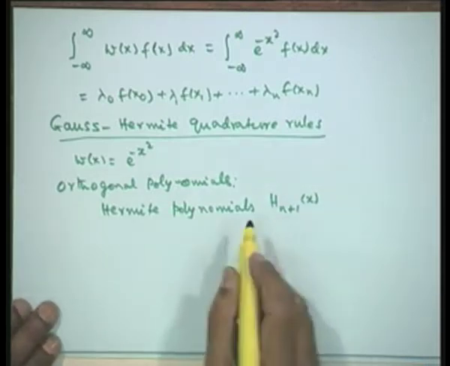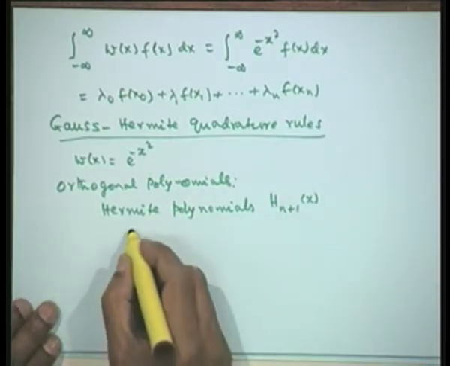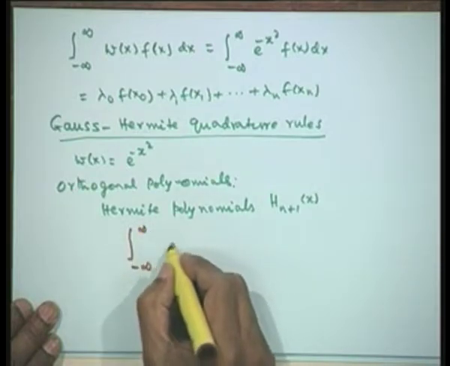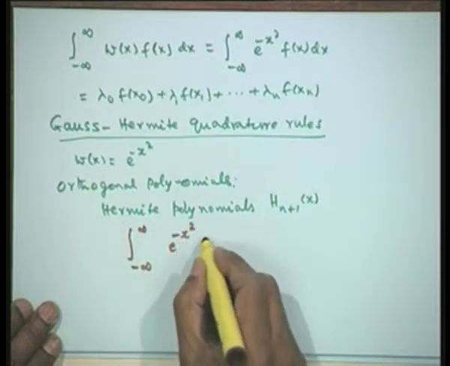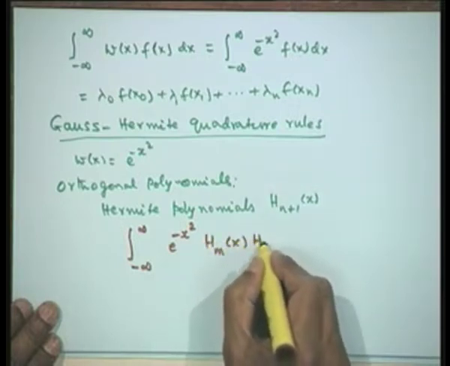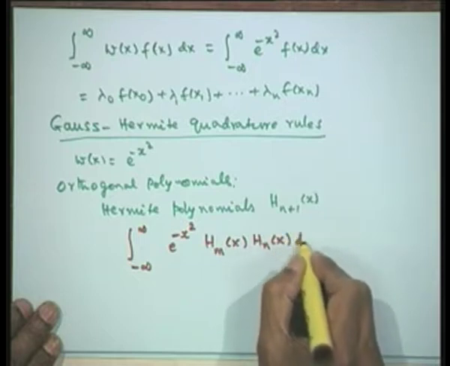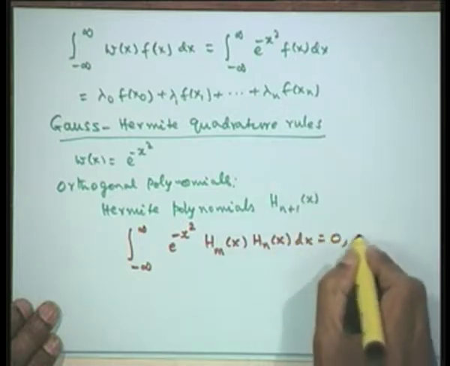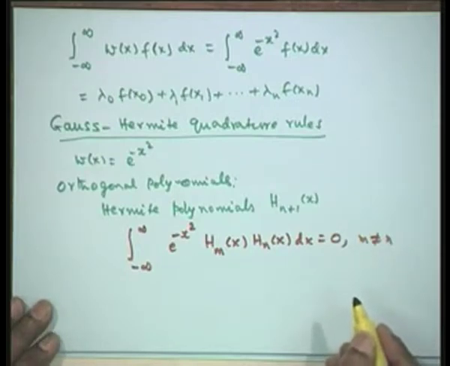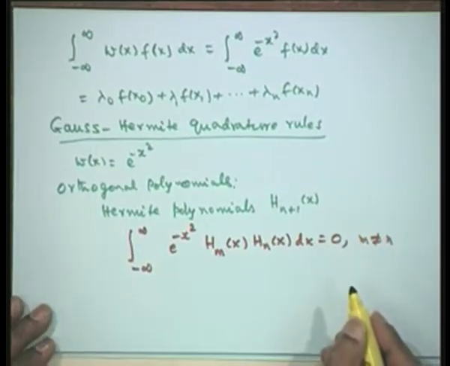The orthogonal property of these Hermite polynomials is the integral from minus infinity to infinity of exponential of minus x squared h m x h n x dx is equal to 0 for m not equal to n. So, this is the orthogonal property of the Hermite polynomials.